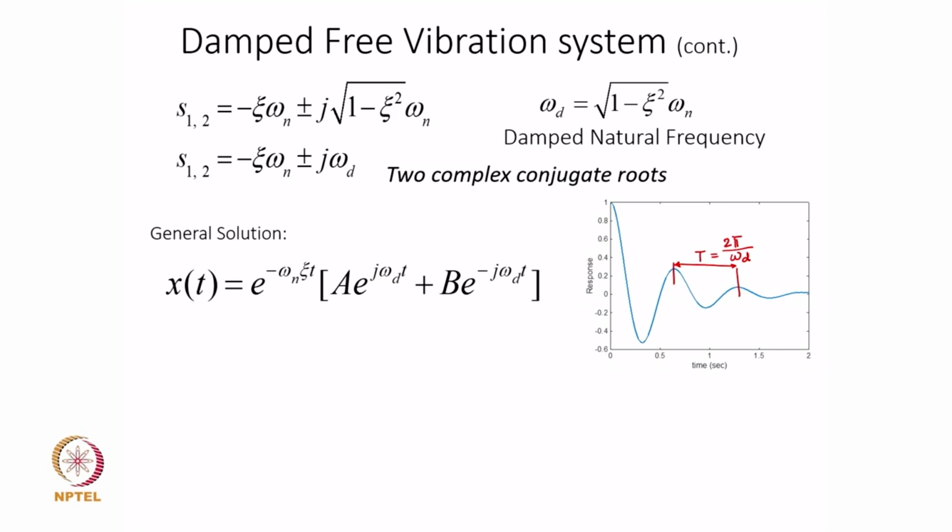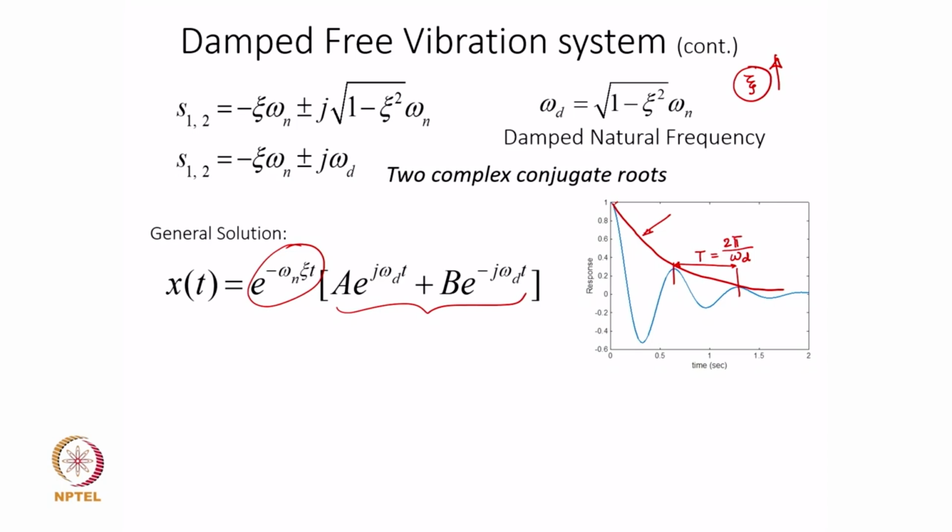So, that is the time period with which the vibratory system will oscillate, and depending upon the strength of the relative or normalized damping, the damping factor zeta, the rate at which this amplitude decays will be decided. So, the larger the value of zeta, the faster is the decay in the response. This enveloping curve is actually this exponential quantity, and this oscillating part is coming from the bracketed term here.